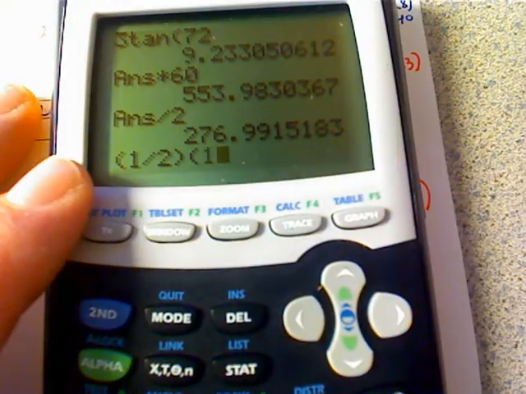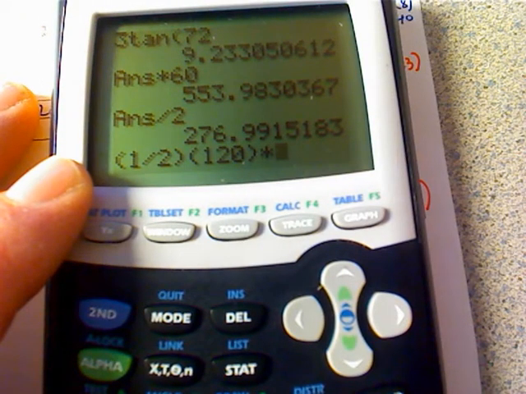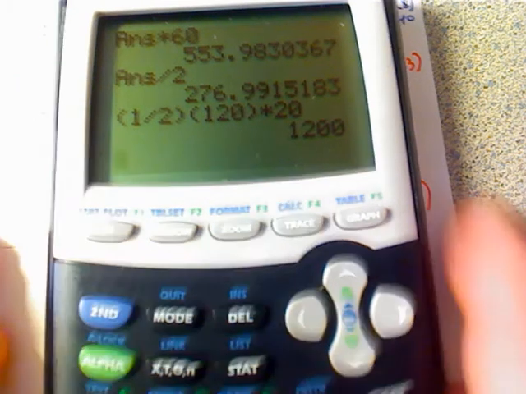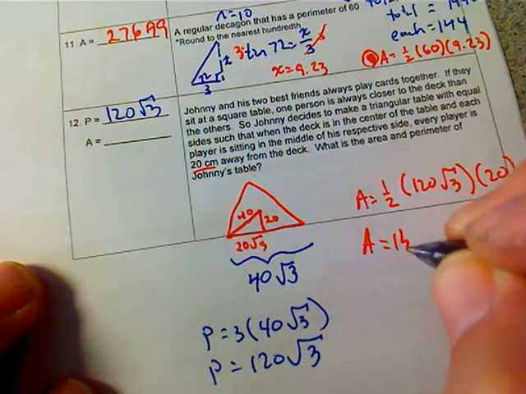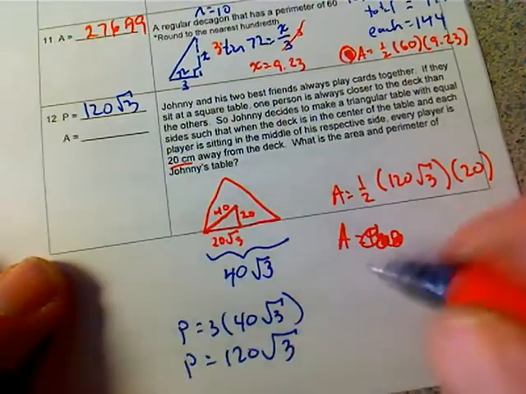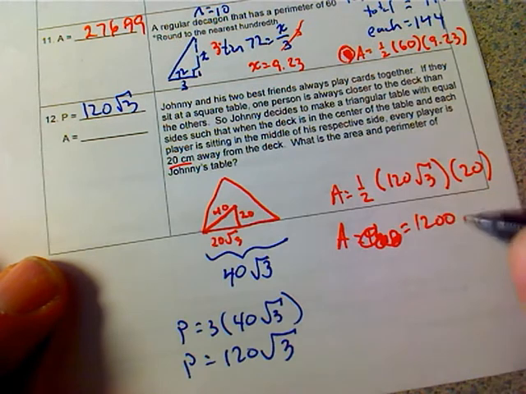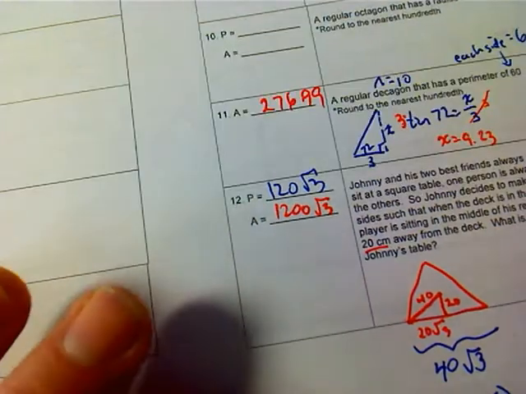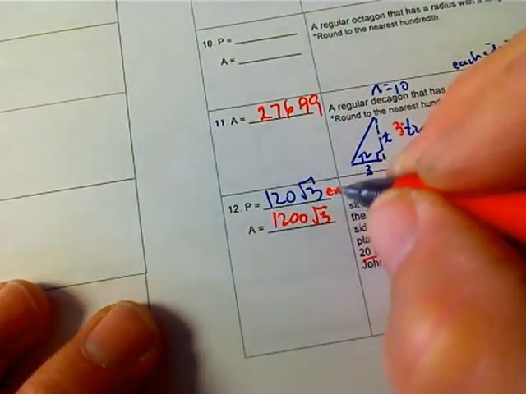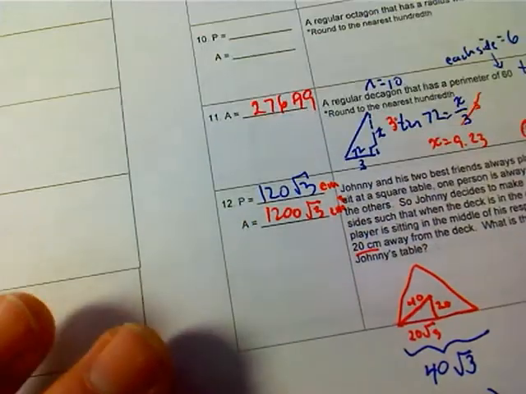I'm just going to multiply these other numbers. 1,200, and I still have that square root of 3. So the area then is going to be 1,200 square root of 3. This was in centimeters, so this guy is in centimeters, and this guy is in square centimeters.